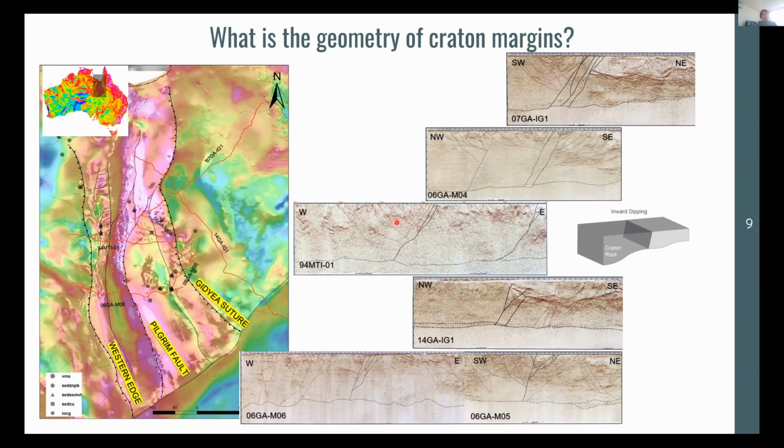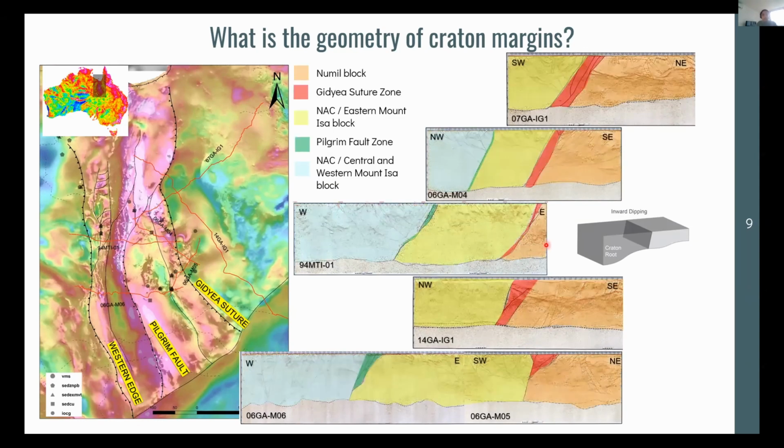So basically, we did 6 lines in Mount Isa, and this interpretation identified 3 major sutures or major crustal scale structures: the Gijia suture zone, the Pilgrim Fault, and the Western Edge Fault.